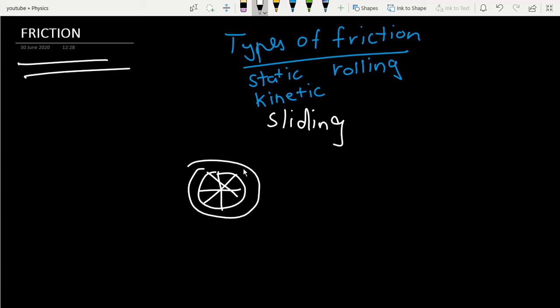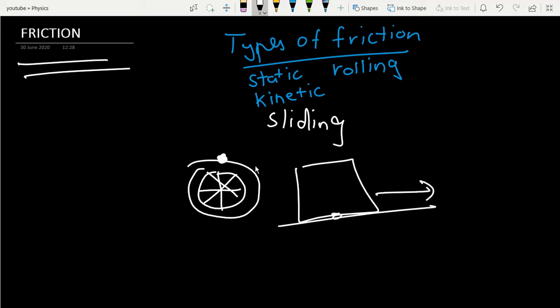That means this point will get rolled over and come to this point again, whereas in sliding friction the point will remain constant. This will just slide, whereas here it is going to take a complete 360 revolution and come back over it.